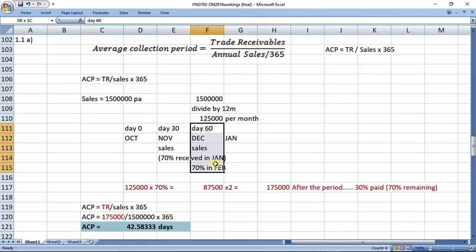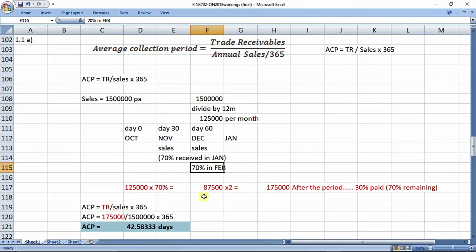That's why I've got the annual sales, so the 1.5 is there. This is the portion I had to calculate, based on what they gave you in the question and your interpretation. At the end of the period, how much debtors do I have available?